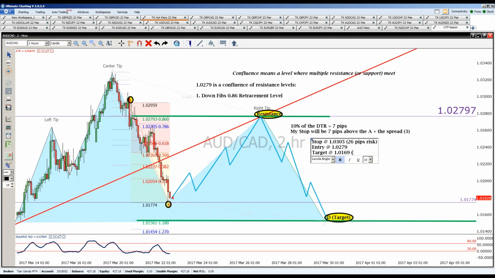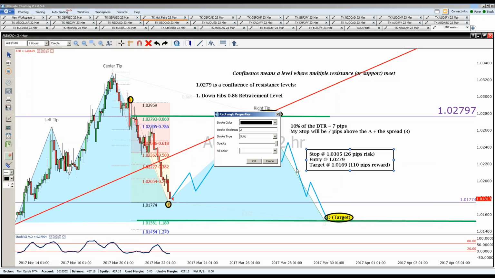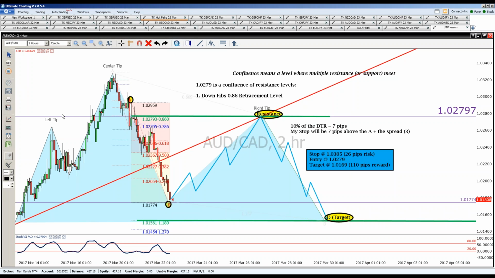And that means I'm going to target 110 pips. So 110 pips reward. Okay. Does it make sense so far? Is everybody with me up to this point? There's the trade parameters. There we go.